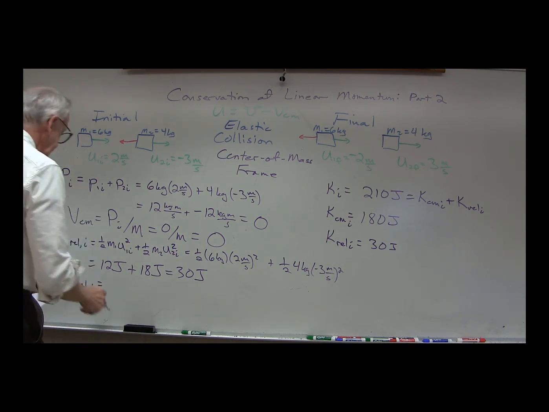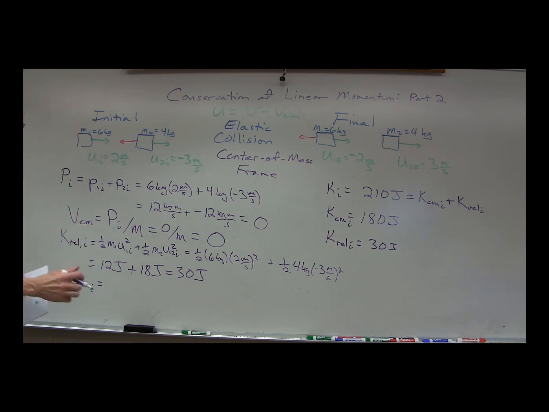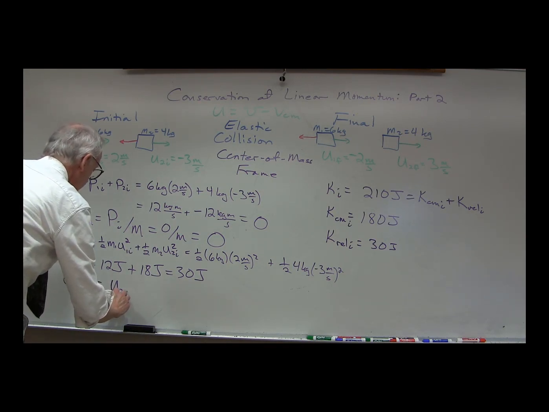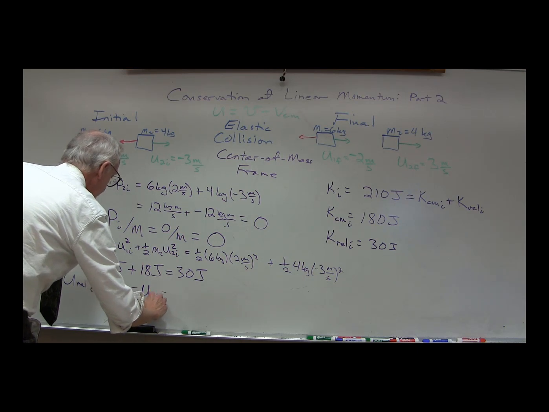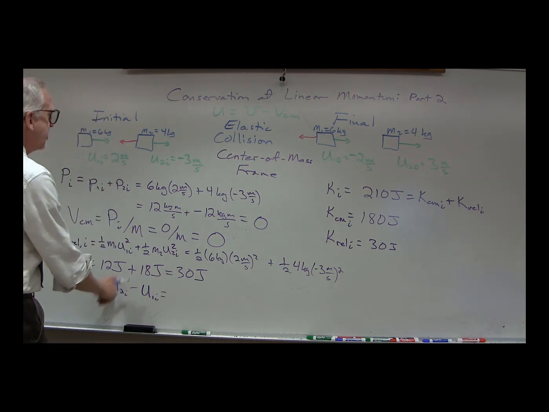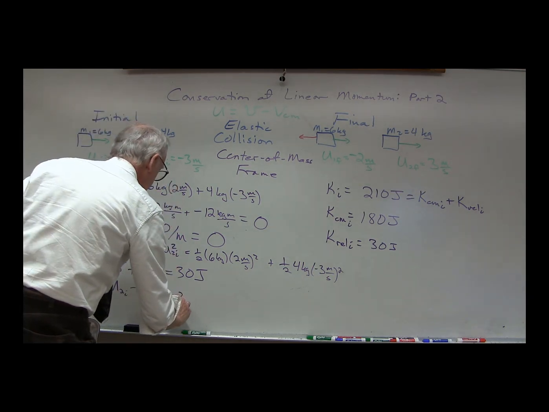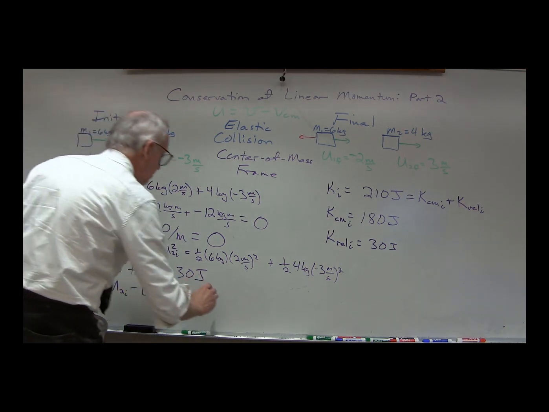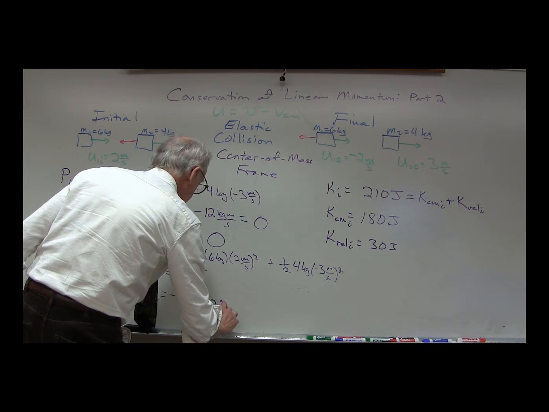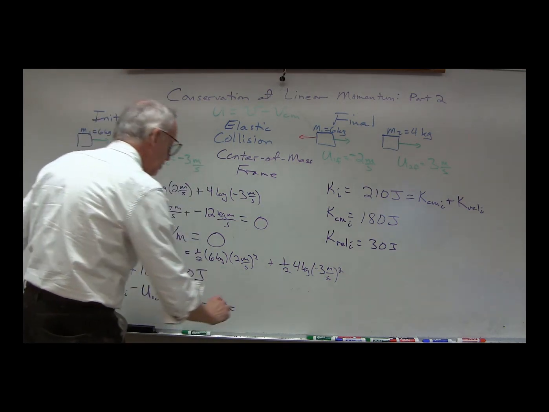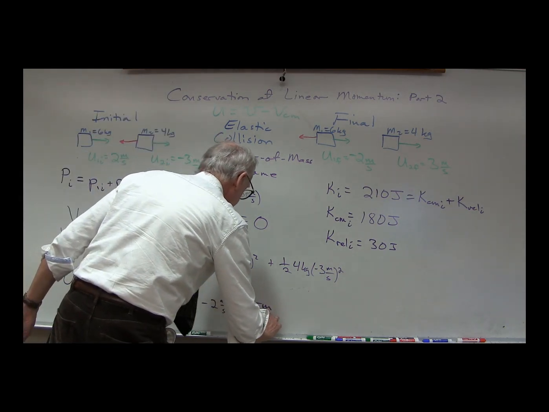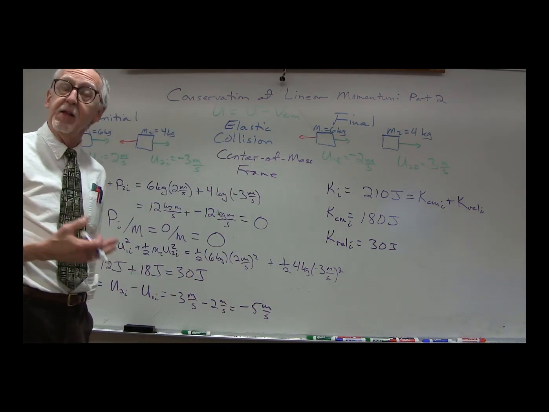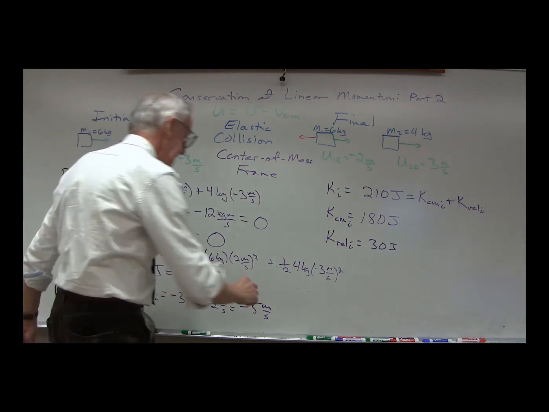Well, that is equal to, just like we defined it before, u2 initial minus u1 initial, which in this case, u2 initial is -3 meters per second, minus u1 initial, which is 2 meters per second. Negative 3 minus 2 is negative 5 meters per second. But that is exactly what we got for vrel initial.